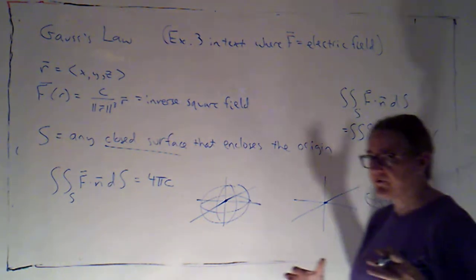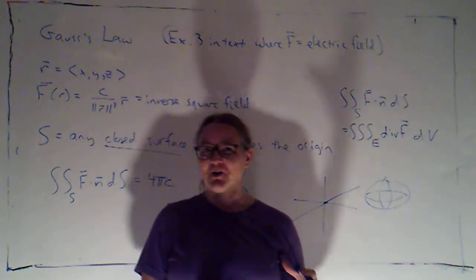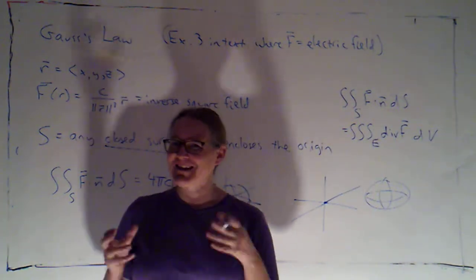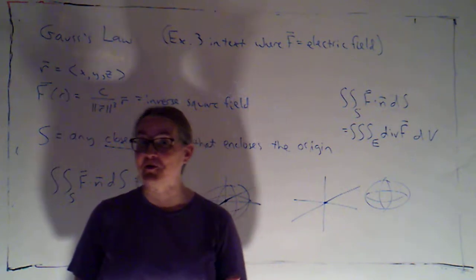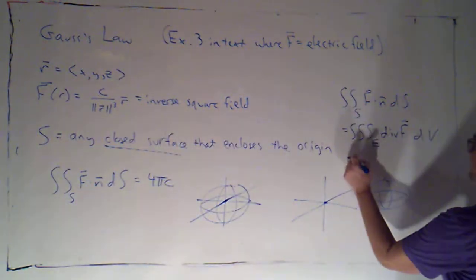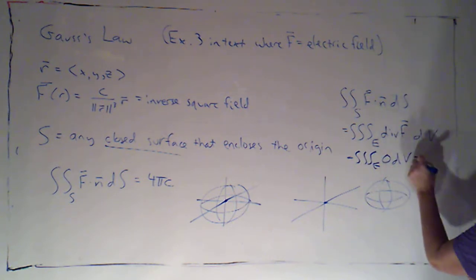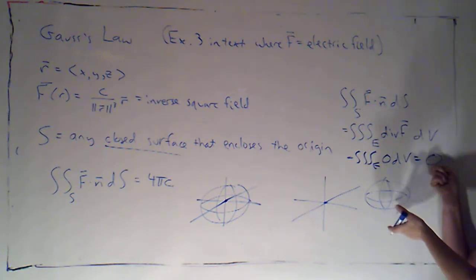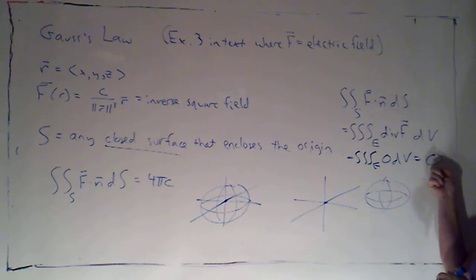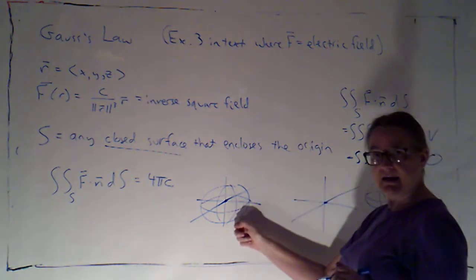But we proved back in the section on divergence and curl that both the divergence and curl of an inverse square field are 0. So this would just be the triple integral over E of 0 dV. And of course, if I integrate 0, I'm going to get 0. That's ridiculously easy. Why can't I do that here?